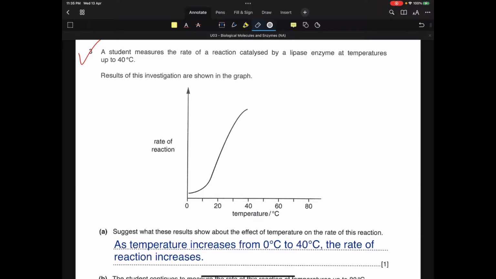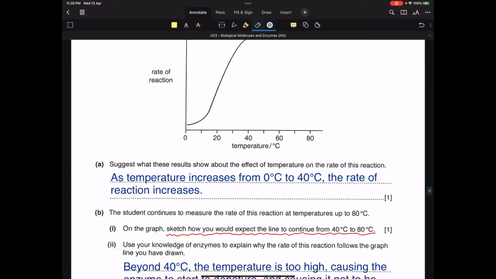Given that you only have half the graph, you are expected to only answer from temperatures of 0 degrees Celsius to 40 degrees Celsius, and only say what happens to the rate of this reaction. With that, from 0 degrees Celsius to 40 degrees Celsius, the rate of reaction increases.